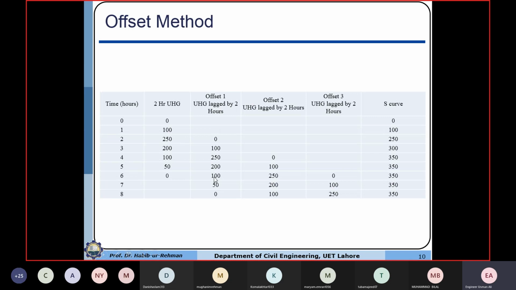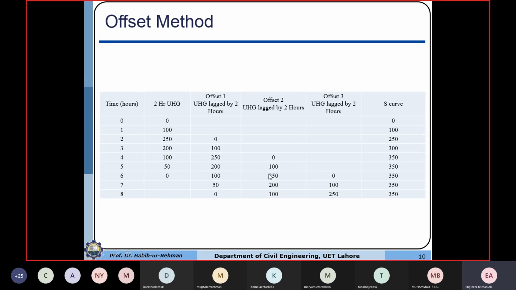Now first of all, offset 1. What is offset 1? It is a 2 hour unit hydrograph which is lagged by 2 hours from this one. So its first ordinate will start at the second hour, when there is a lag of 2 hours between this hydrograph and the next hydrograph.